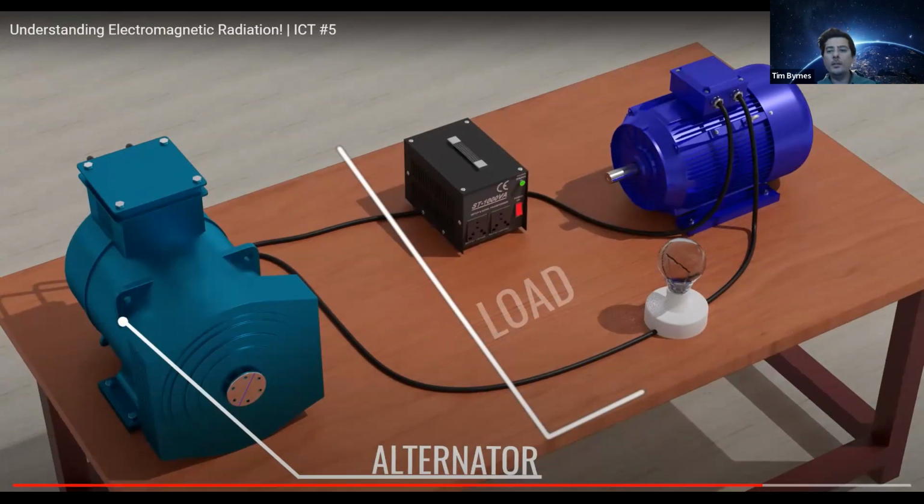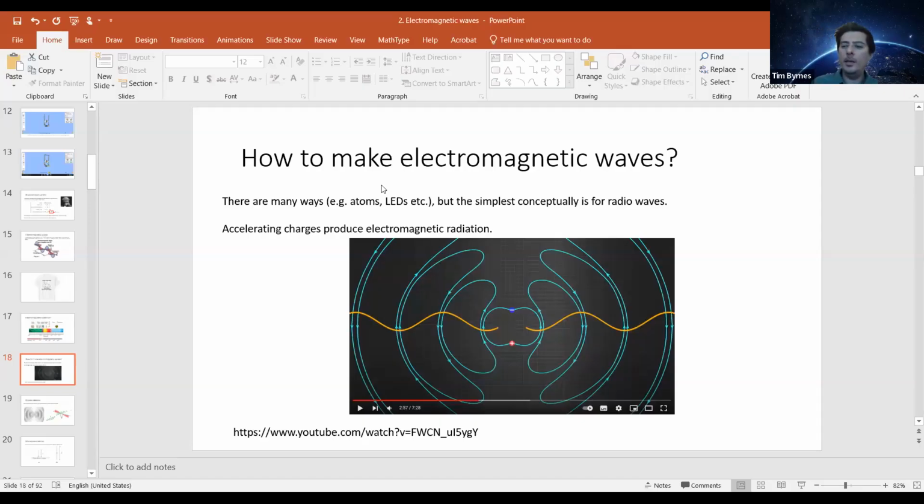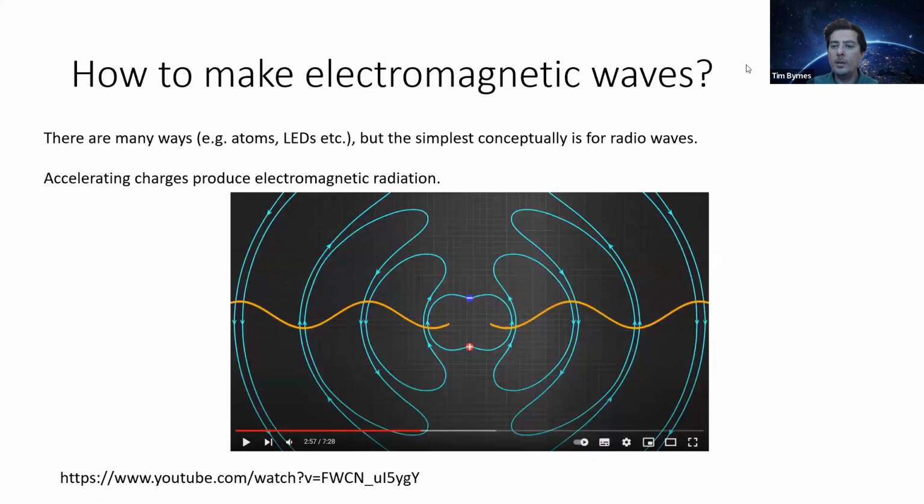So basically, the key idea here is that in order to make these electromagnetic waves, you need to have an accelerating charge. In the video, what we saw was a simpler example where we had an electron.